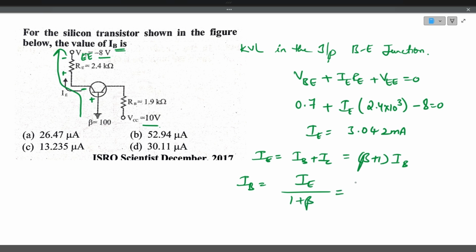Emitter current is known, 3.042 milliamps, divided by 1 plus beta, where beta value is 100. It is given in the question itself. So substitute the values. You will get base current IB as 30.11 microamps. So the answer is option D.